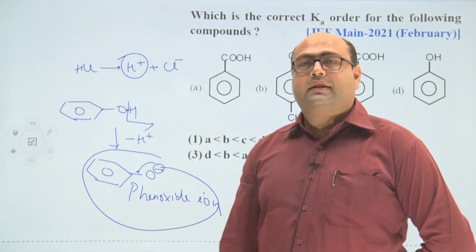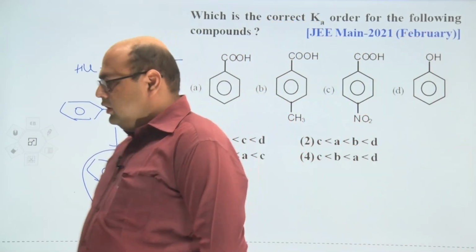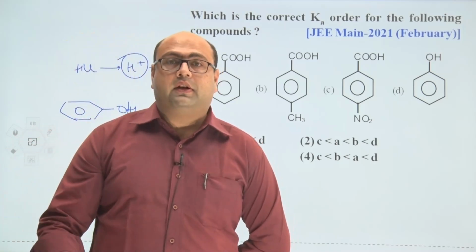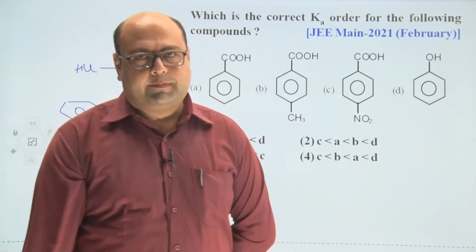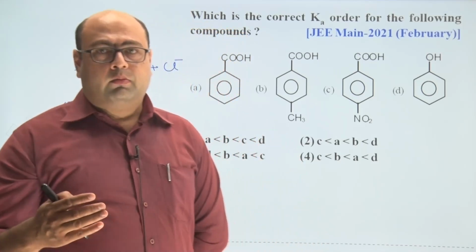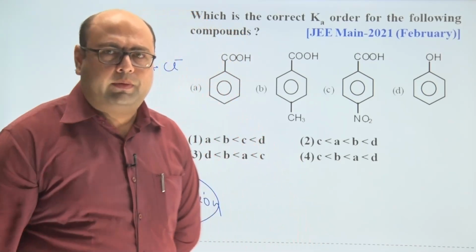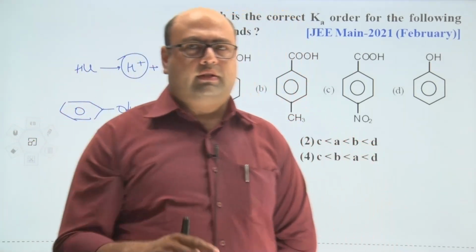They are asking the increasing order of Ka, meaning they are asking the acidic strength order. So indirectly we have to see the stability of ions which are formed after the donation of H plus ion. After the donation of H plus ions, most probably in all, the negative ions will be formed. So let's see the stability of the negative ions formed after the H plus donation.